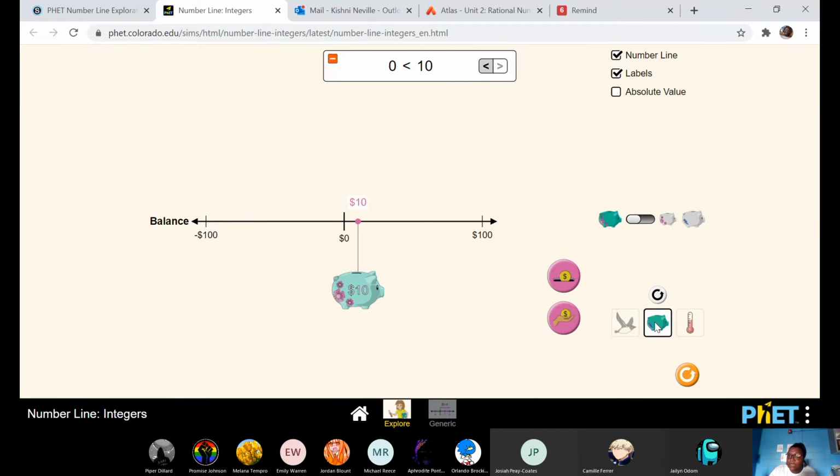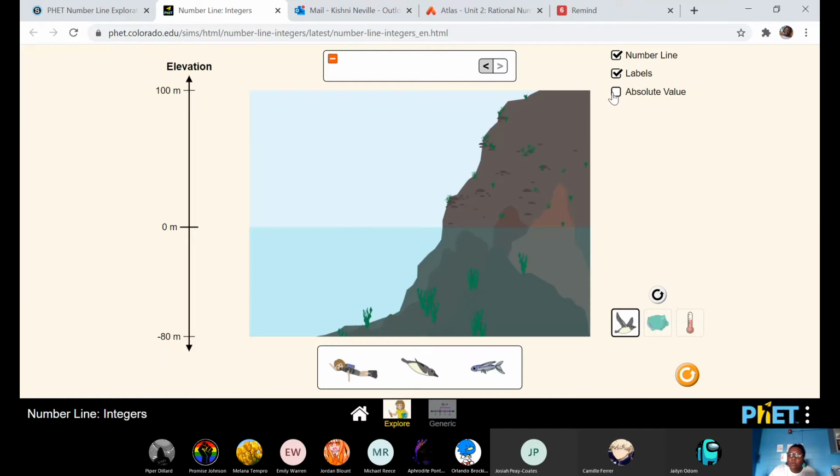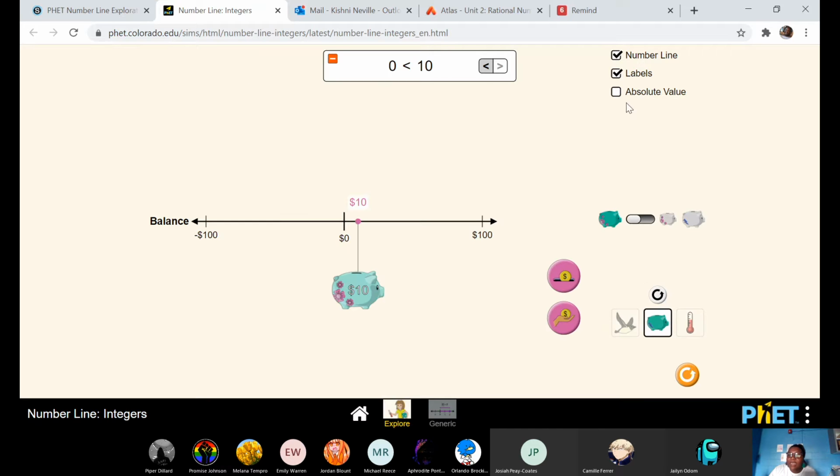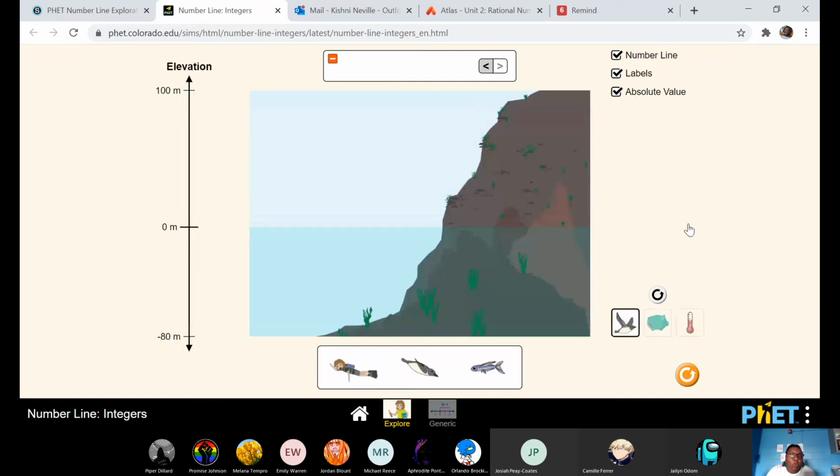Look at where Ms. Neville's clicking. And if you get assigned the thermometer, you're going to click on the thermometer here. No matter where you go, you'll want to make sure you click the absolute value mark. That's going to help you to determine the absolute value, or your integer's location from 0. Any questions about where you're going to make your math story?